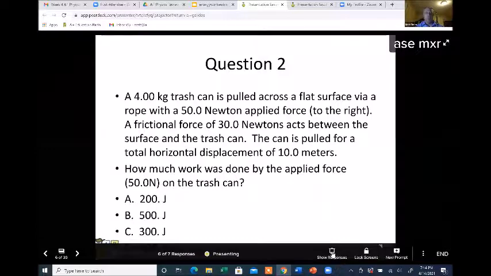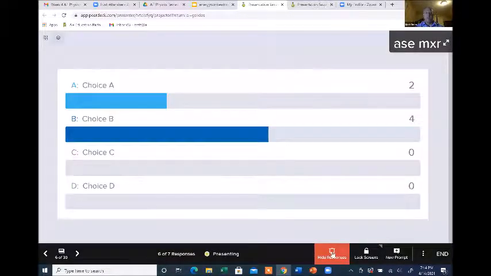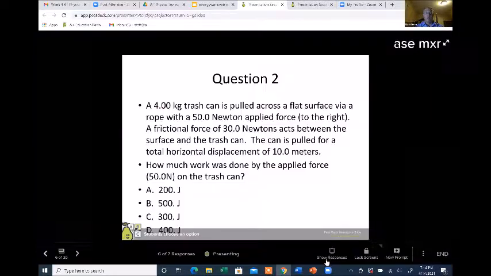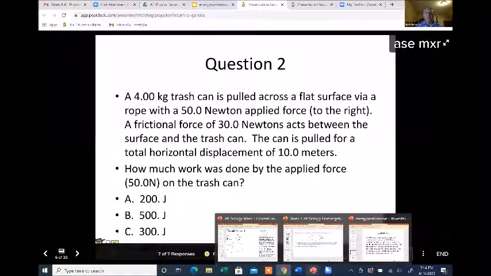All right, I'm going to see what you guys are thinking. So A or B is what you guys are thinking. I'm going to go back to the PowerPoint for a minute. So look at your Zoom screen with me.